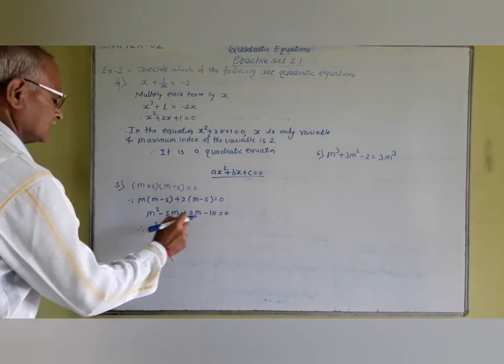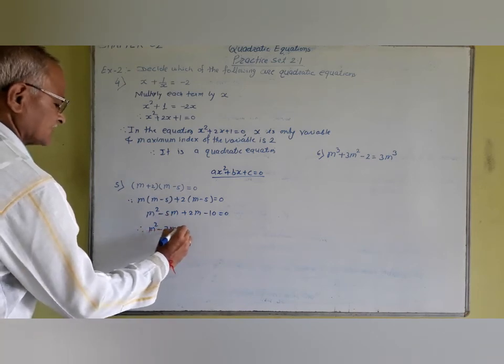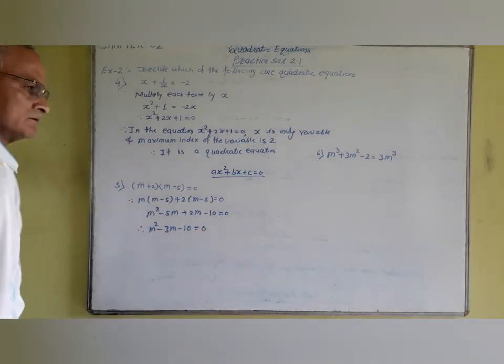Therefore m square plus 2m minus 5m is minus 3m, minus 10 is equal to 0.